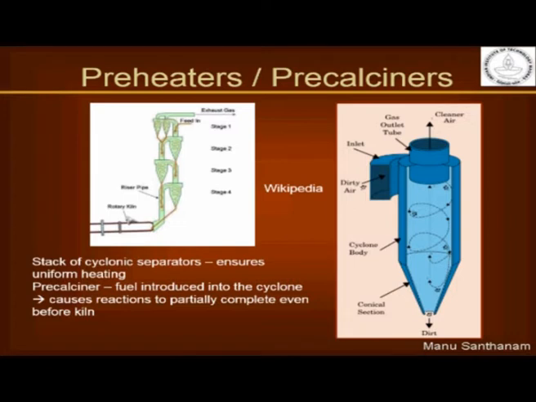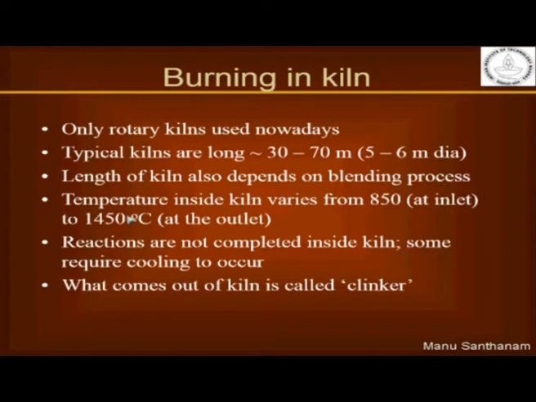Alright, now the most important part obviously in cement manufacture is the burning of the raw materials together in the kiln. Okay, now these kilns, of course I told you earlier, in the past people used the vertical or beehive type kilns, but today only rotary type kilns are actually used. Typical kilns are really long, 30 to 70 meters in size, and some of these are 5 to 6 meters in diameter. So you can imagine these are substantially large pieces of equipment.